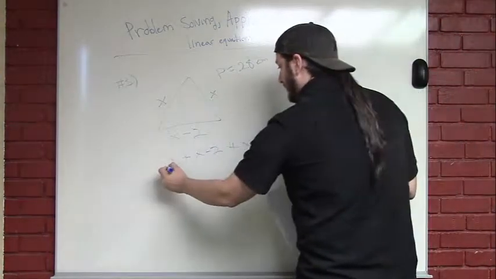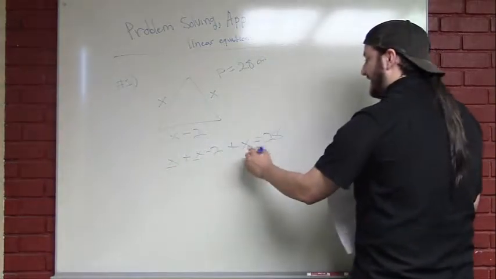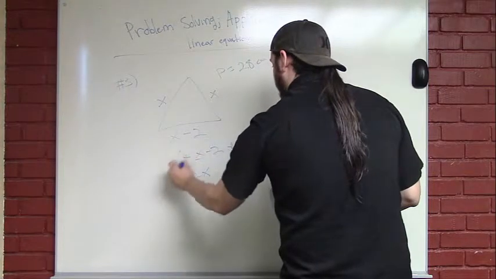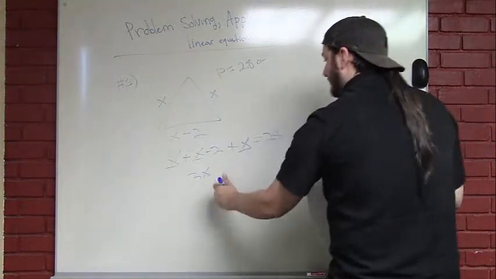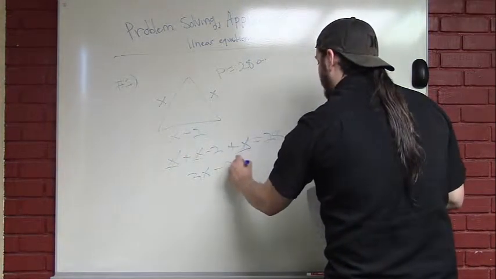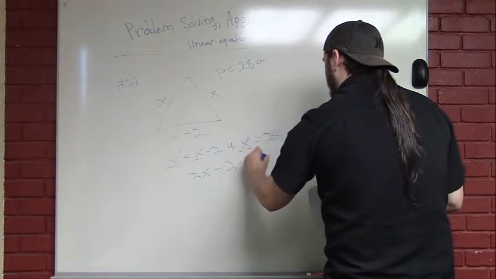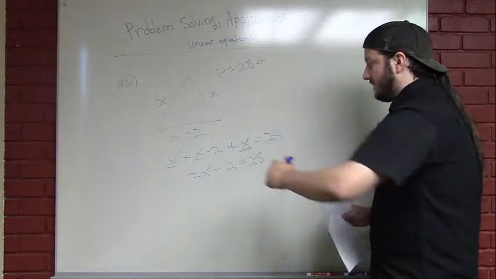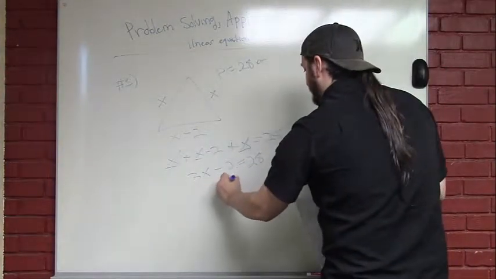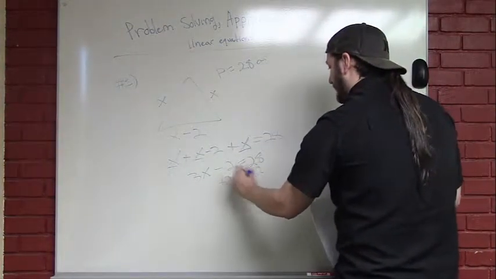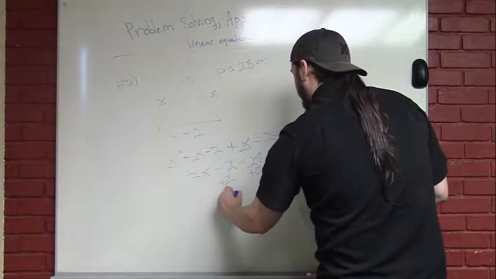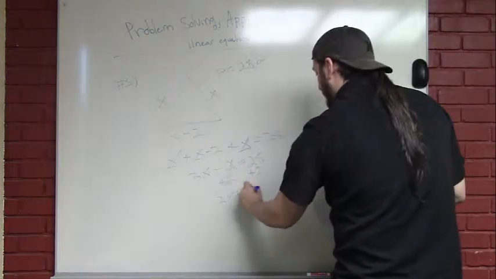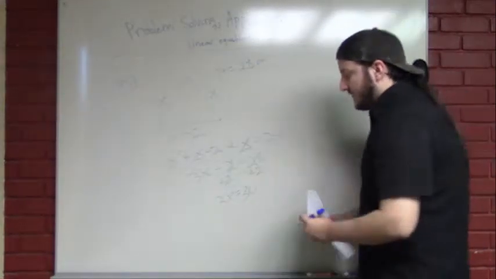We have an x, an x, and an x, so we have 3x. Take this 2 down here, equals 28. Now you just finish solving it. You add 2 to both sides. So we have 3x equals 28 plus 2 is 30. Just divide out this 3.